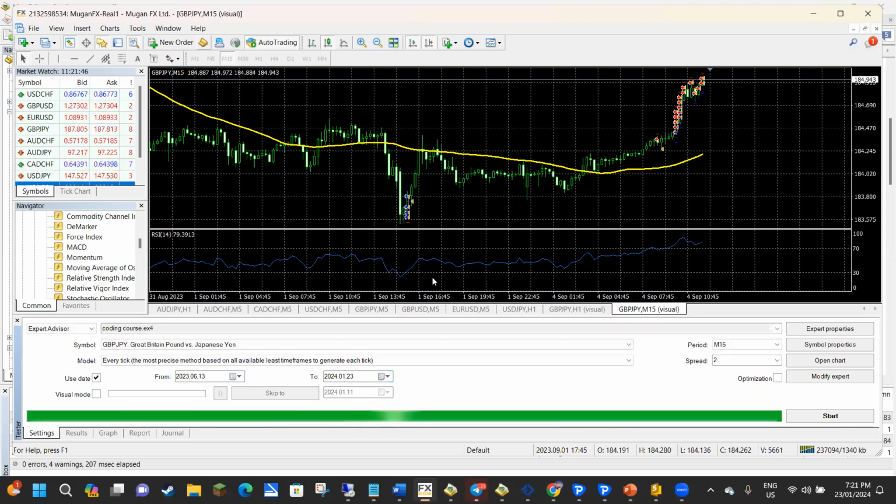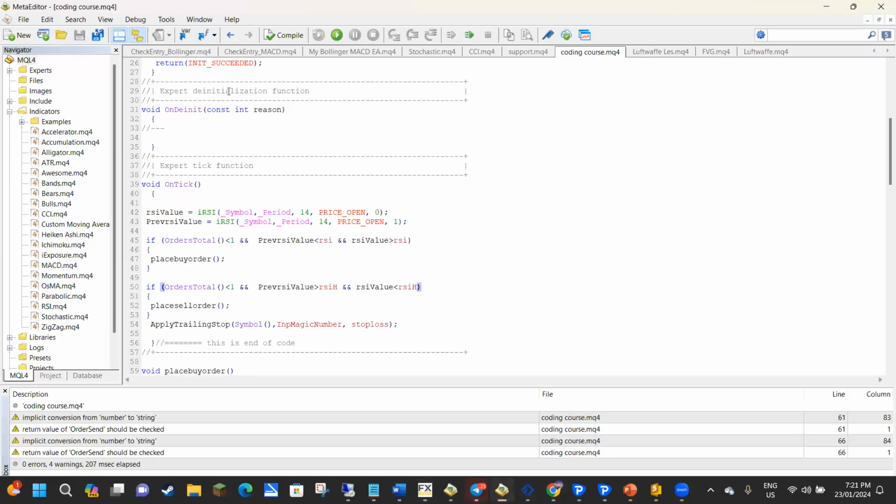But at the moment, the only criteria we have in our code is that the RSI needs to go above or below the set parameters and then come back. That's the only requirement there is. Then we just need to start looking at what else we can add.